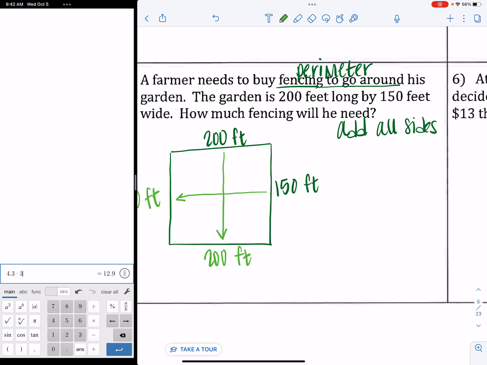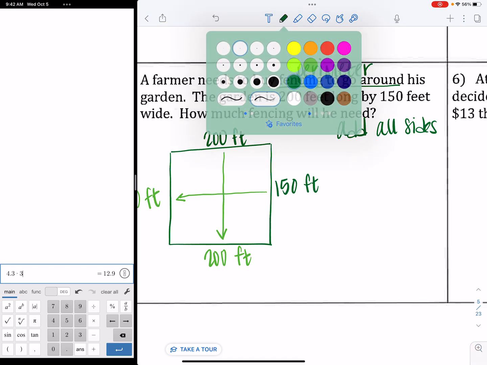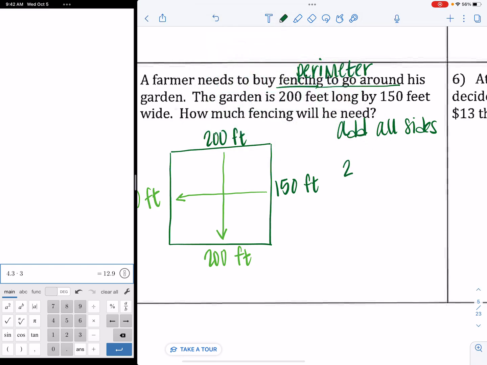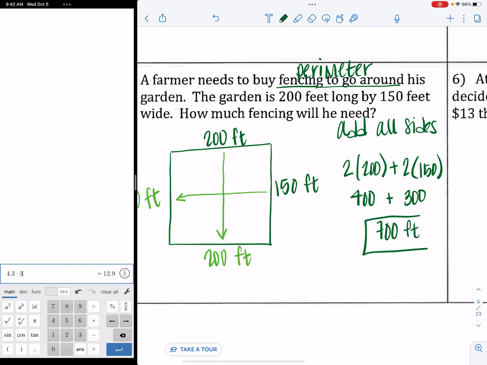So to find the fencing, I need 2 200s and 2 150s. So that's 400 plus 300. So it looks like our farmer needs 400 feet of fencing.